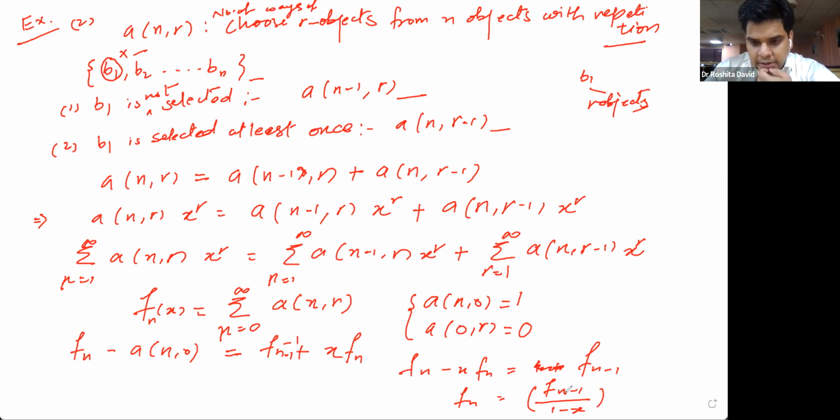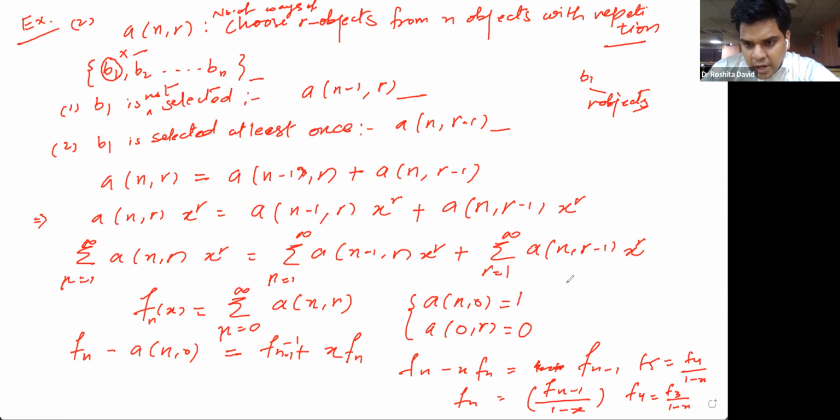Right? So similarly, if I start from n equal to 5, I can write f5 as f4 upon 1 minus x. And if I write f4, it's going to be f3 upon 1 minus x. So if I put f4 here, I'll get f3 upon 1 minus x square.